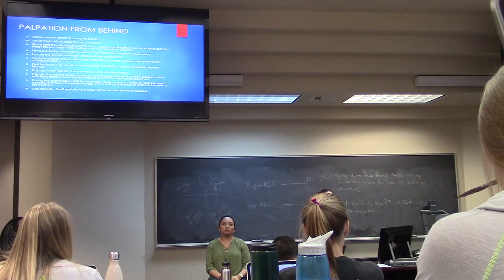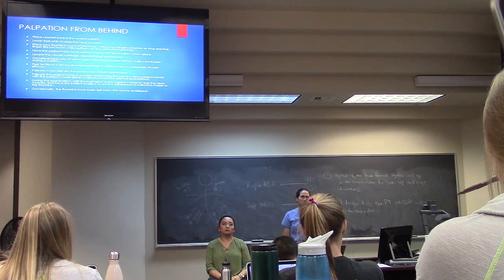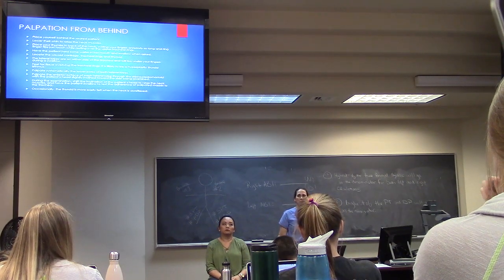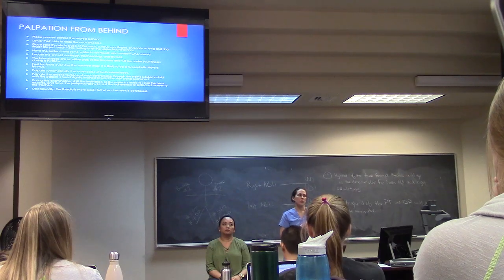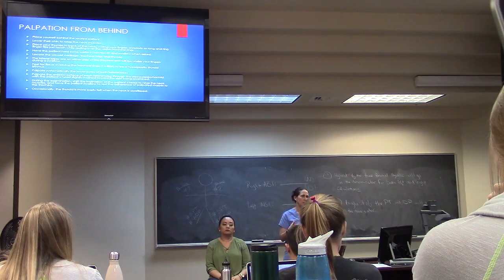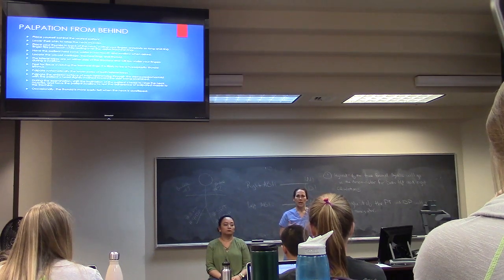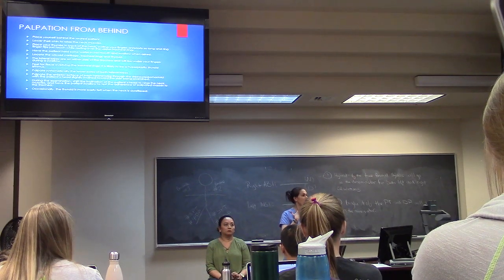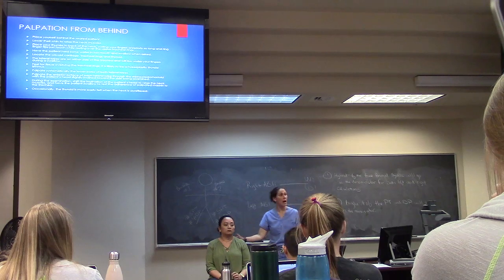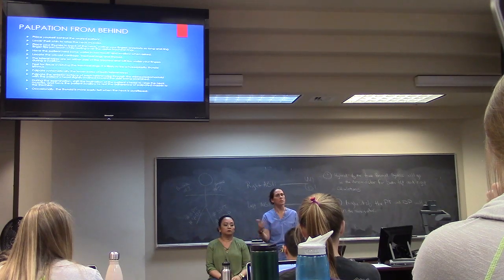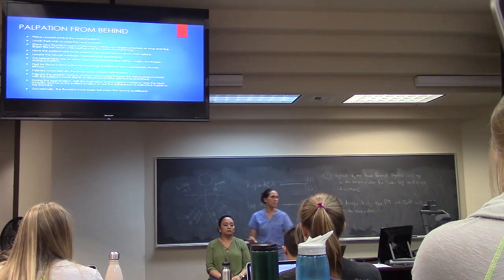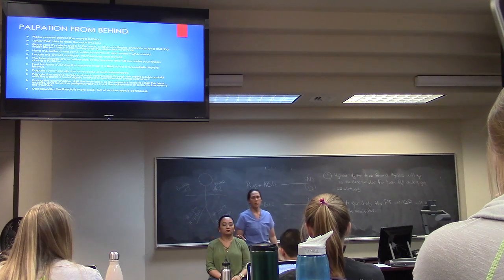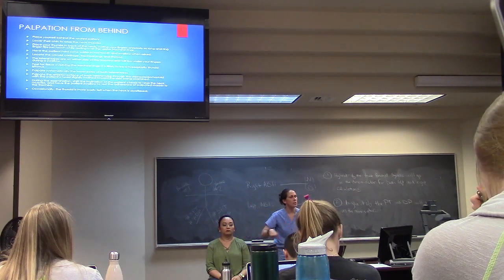So, palpation from behind. In regard to good patient communication, making them feel comfortable, you can tell them, now I'm going to feel your neck and your thyroid. I'm going to do it once with me standing behind you and then me in the front. Patients can get a little nervous if you're back there, so always verbalize where you're going to be in relation to the patient.